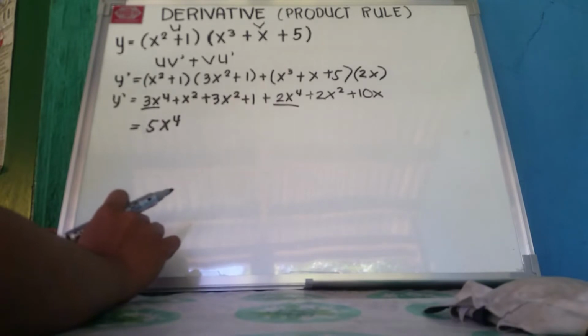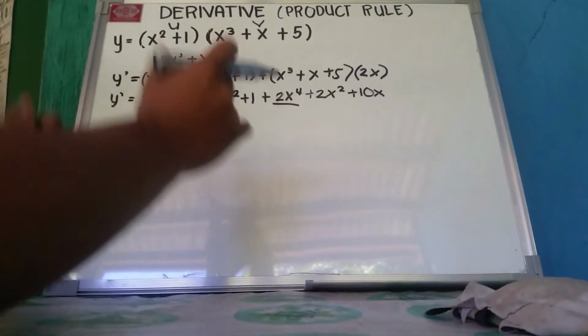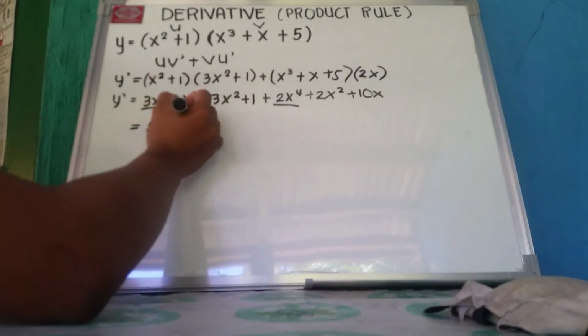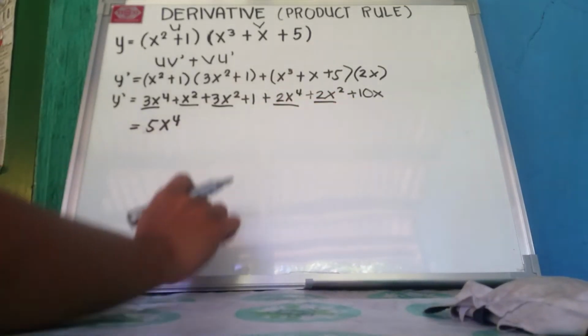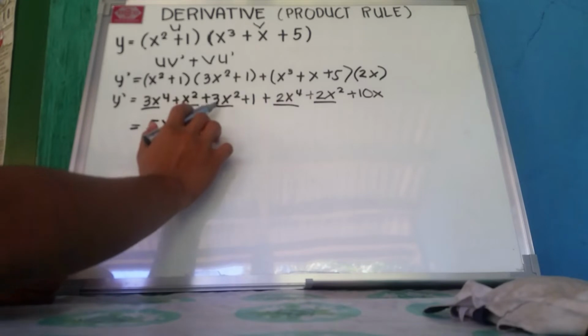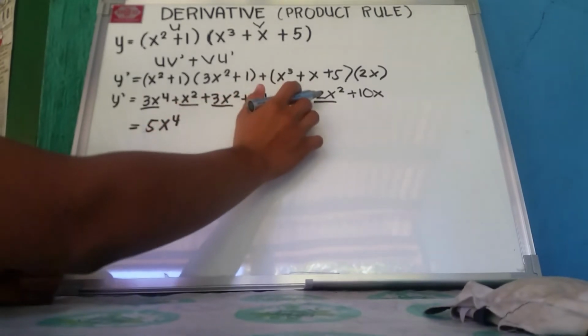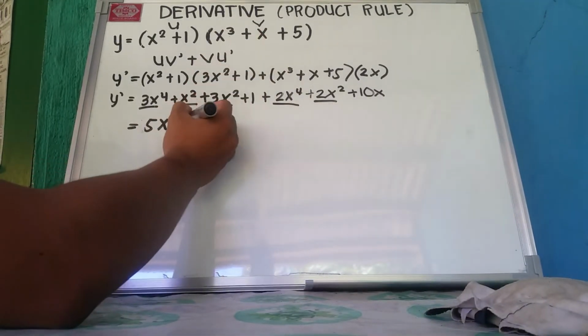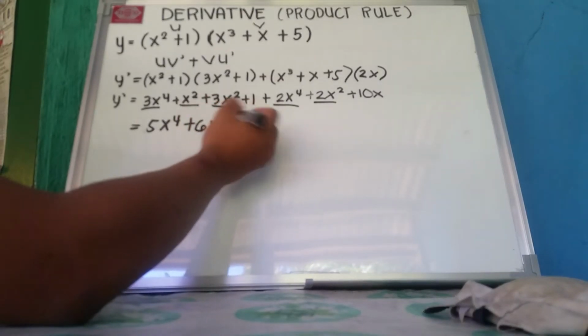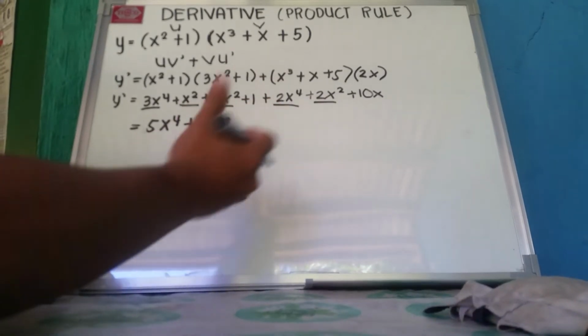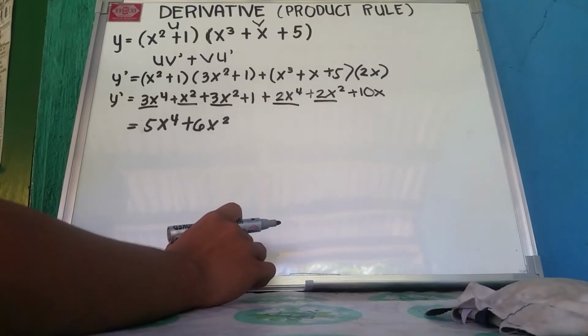Alright, next terms that we are combining, the x squared, 3x squared, and the 2x squared. So 1 plus 3, that's 4, plus 2, that's 6, 6x squared. Now, are there any like terms left?